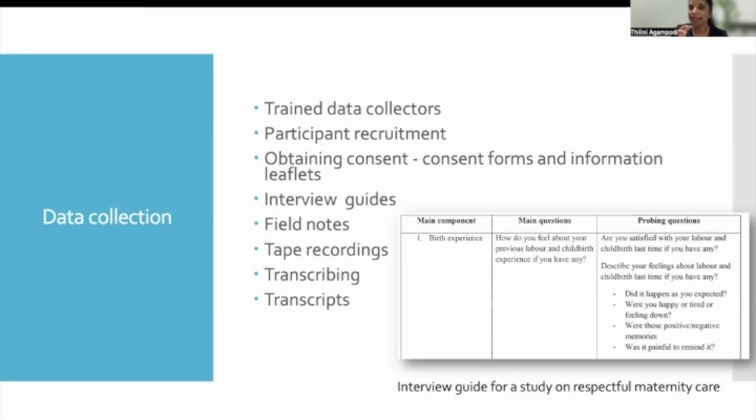So these small ethical concerns are very important in qualitative research because it's about sensitive information. You have to give the consent forms, information leaflets, let the patients read them, understand, ask questions, and voluntarily say their wish or allow us that they wish to participate.